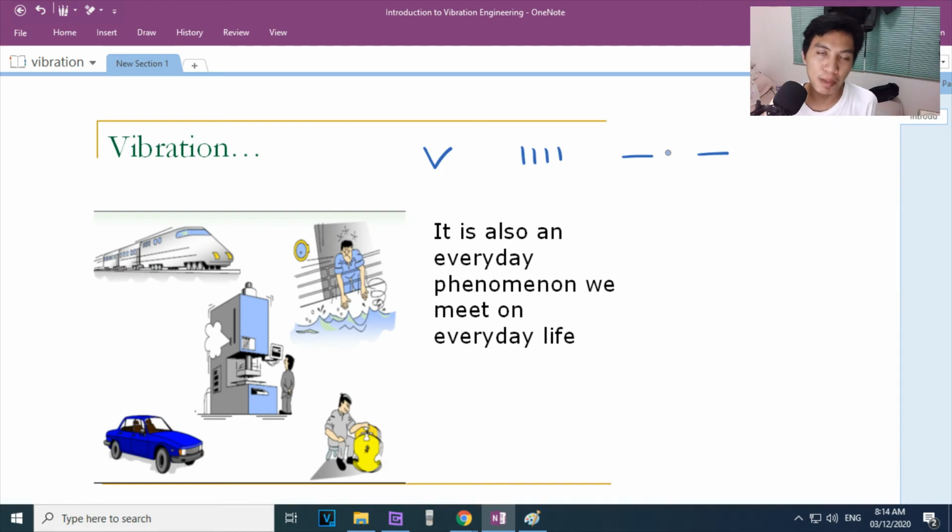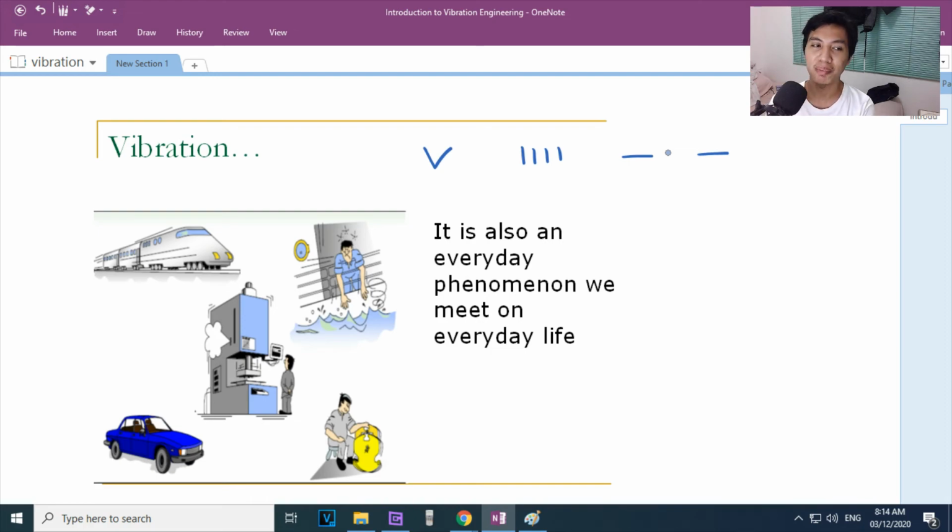A V-type engine, base din sa experience ko. Kasi nung bata ako, meron kaming maliit lang na talyer. So I kept on watching yung ginagawa nung magulang ko, yung Land Cruiser, yung mga Jeep. Karamihan dyan inline. Pero there came a time na nakakita ako ng V-type. That is a Mustang, an old Mustang.